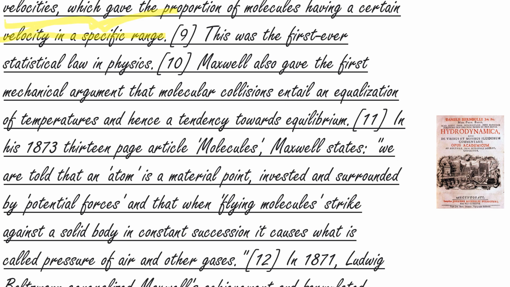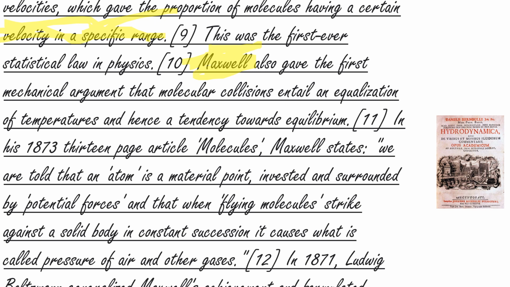This is also part of the molecular theory. This was the first ever statistical law in physics. As you all know, Maxwell also worked in physics, so it was the start of all his journeys. Maxwell also gave the first mechanical argument that molecular collisions lead to the equalization of temperature and hence a tendency towards equilibrium.